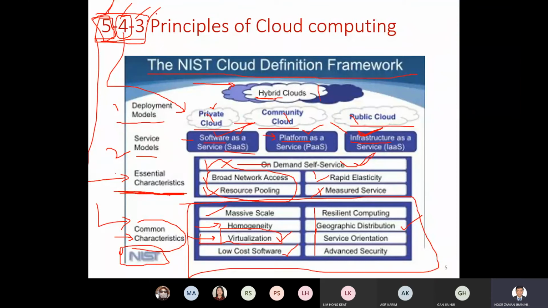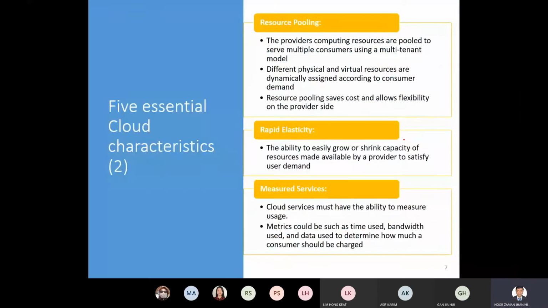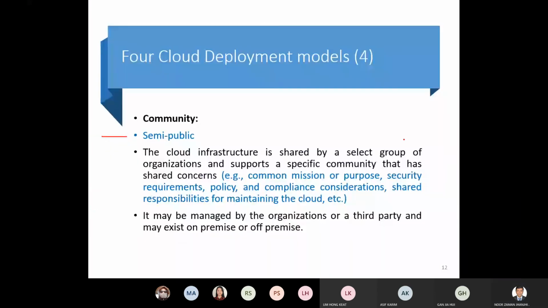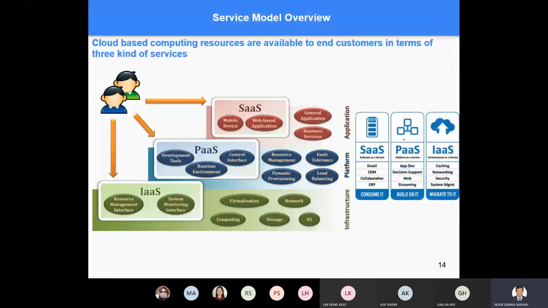The 3 is the service model. So, as SaaS, as PaaS, as IaaS, or whatever you call. So you can see now we are reaching the third point, which is the service model. This is 1, this is 2, this is 3. This is SaaS, this is PaaS, this is IaaS, or whatever you call.